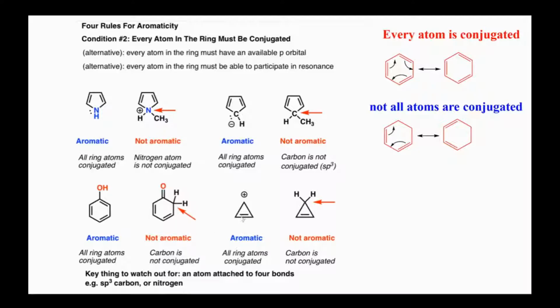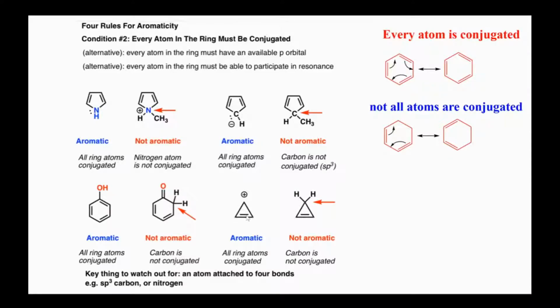If you look at this example, we have a cyclopropene, a double bond inside the cyclopropane ring, and a cationic form on this carbon. So it's a cationic form of cyclopropene. It's a cyclic compound. It obeys rule number 1. Rule number 2 is every atom must be sp2 hybridized, and all of these carbons are sp2 hybridized.